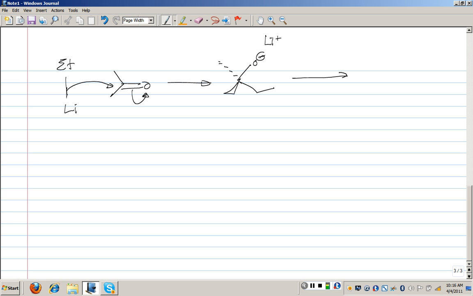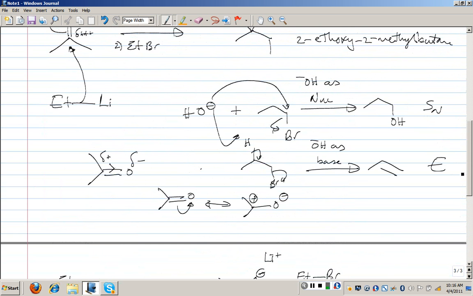In the second step, I feed this compound ethyl bromide. Well, this is now a nucleophile, or it's electron rich, so it can either be a nucleophile or a base. And if I look at my substrate, ethyl bromide is this molecule. Now, if the O minus were acting as a base, it would pull off the proton and I get a carbon-carbon double bond.